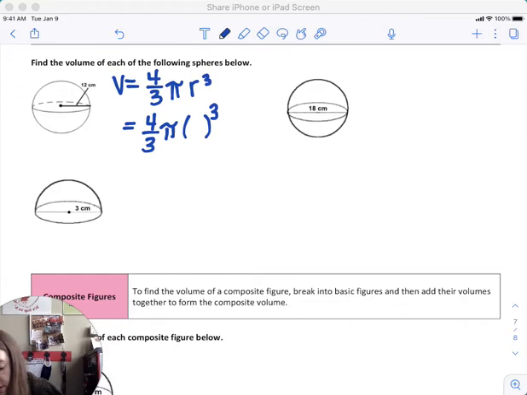So this 12 right here, that's my radius. Put that in for r. So now, just like we did with everything else with pi's in it, we're going to go ahead and put everything into our calculator except for the pi.